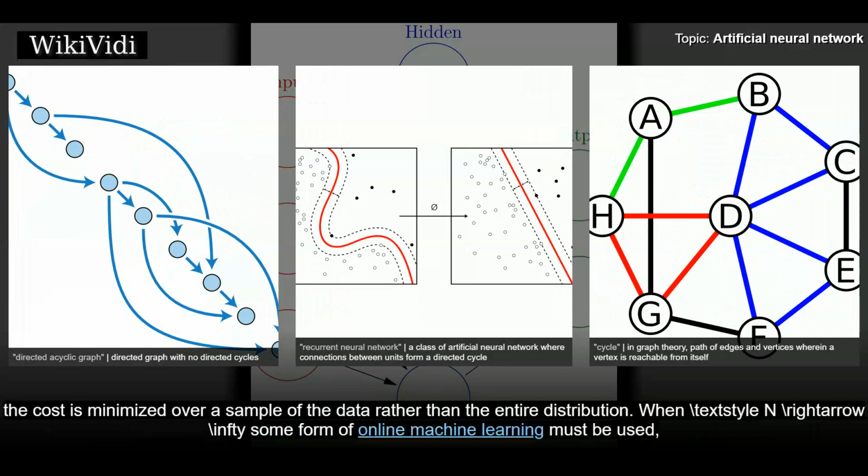Thus, the cost is minimized over a sample of the data rather than the entire distribution.